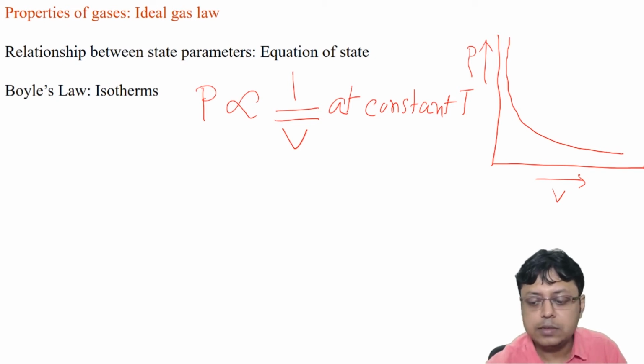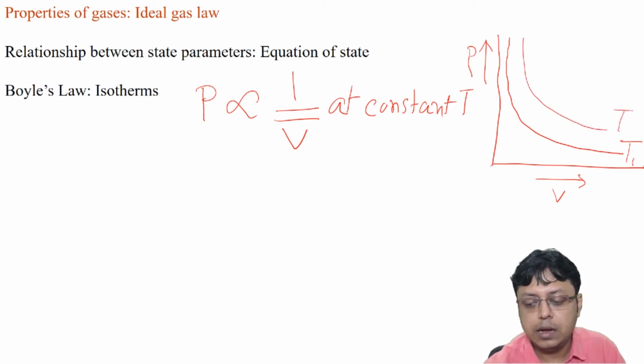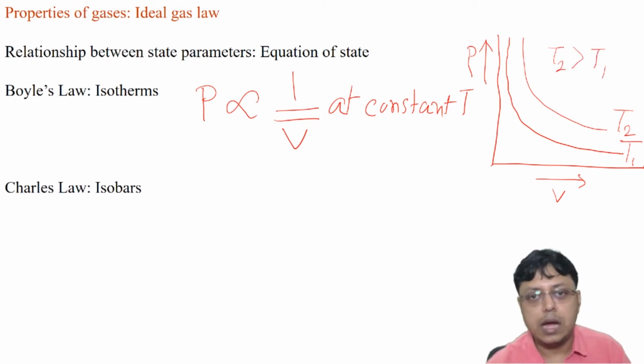Now we can have several isotherms at different temperatures. For example, here I am drawing two different isotherms at two different temperatures, T1 and T2, where T2 is a higher temperature than T1.